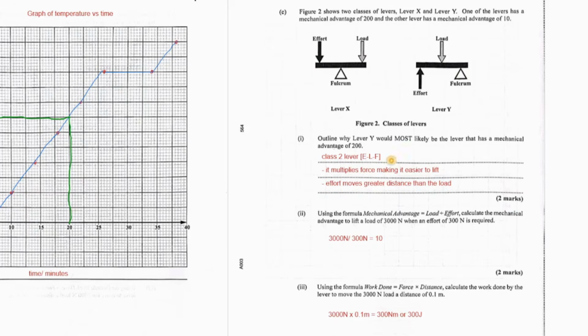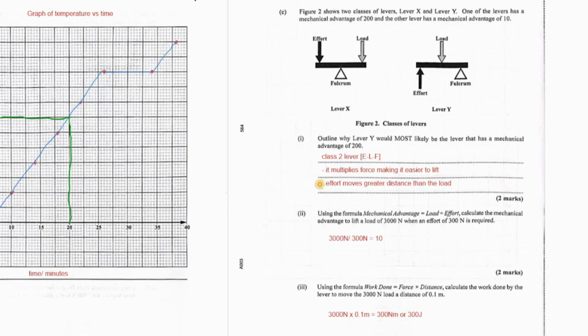And this here, where you have ELF, where you have your effort, then the load, and the fulcrum at the end, this is your class 2 lever. It is important to remember that class 2 levers are always going to have a higher mechanical advantage, because class 2 levers are multipliers of force, therefore making things easier when it comes to lifting.